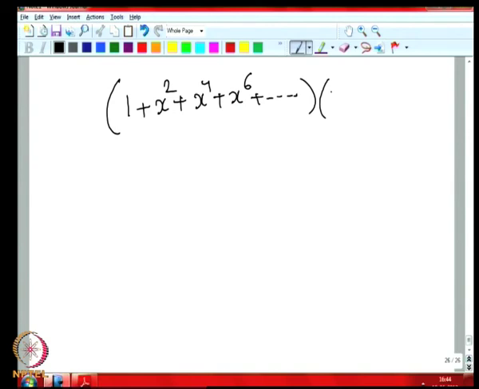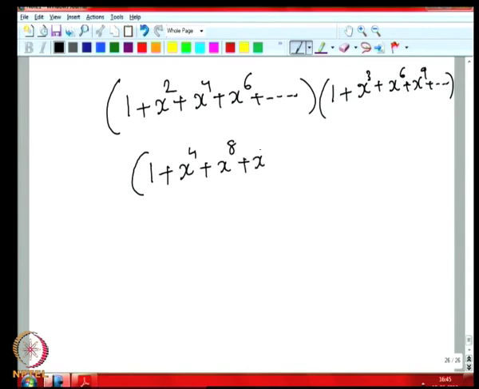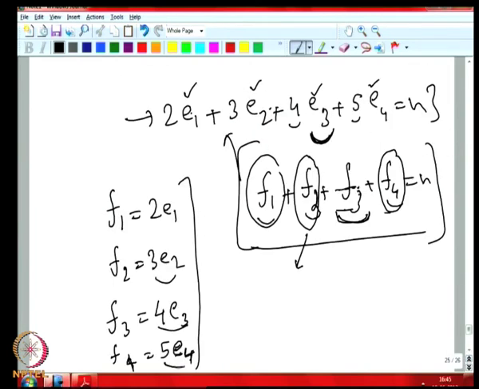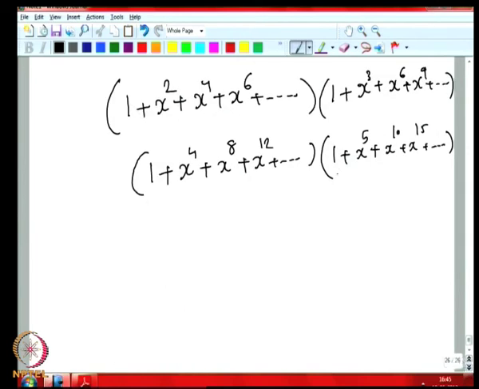So, we will have 1 plus x cube plus x raised to 6 plus x raised to 9 plus, only multiples of 3 will come as powers of x. And for F3 we will have 1 plus x raised to 4 plus x raised to 8 plus x raised to 12 and so on. And finally, we have 1 plus x raised to 5 plus x raised to 10 plus x raised to 15 etc. for F4, because it has to be a multiple of 5, right. That is the way we have set up these things.